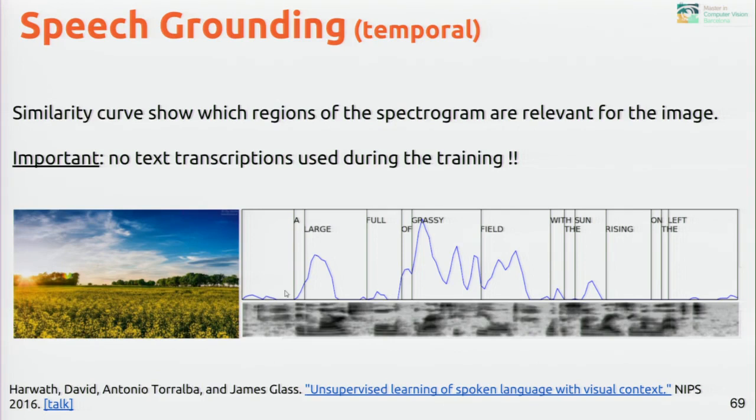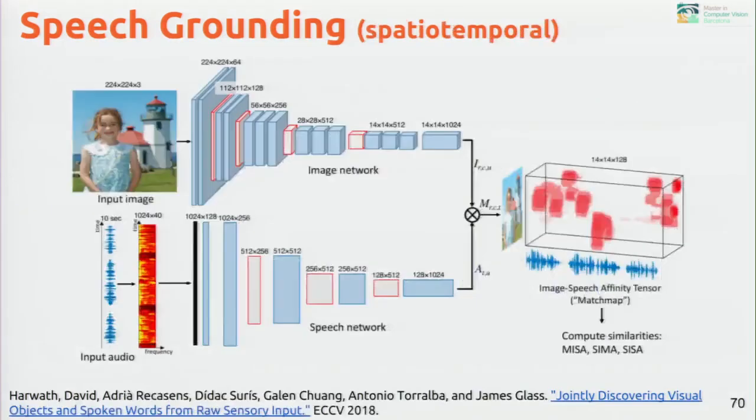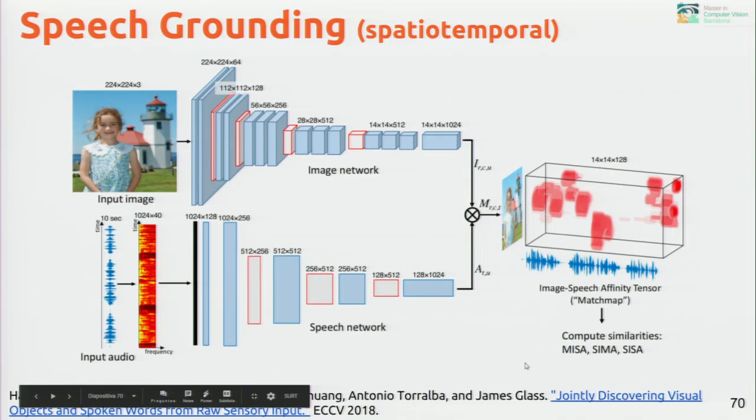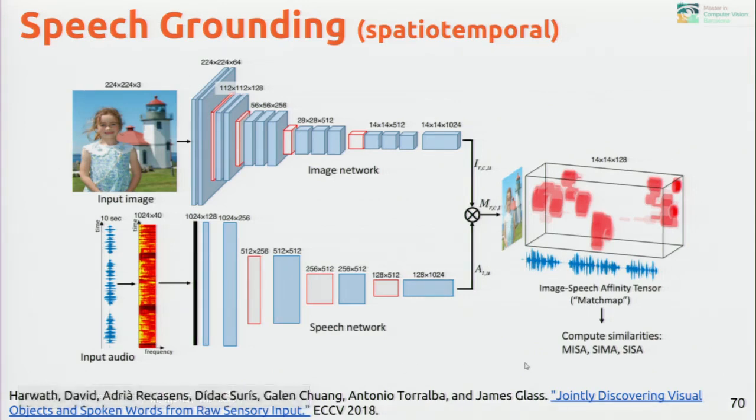They showed that the network had the capability of finding correlations between the phonemes and the visual contents in training in a self-supervised way. Then that was a work from 2016, and then last autumn they did this work with some students from UPC, who were originally from here actually, and they went one step further.